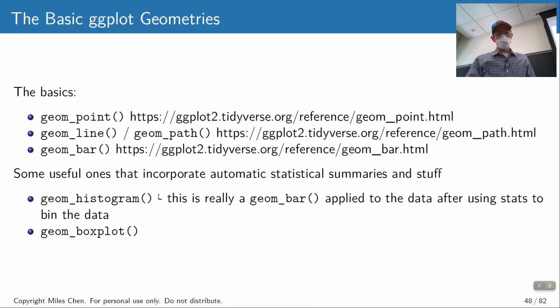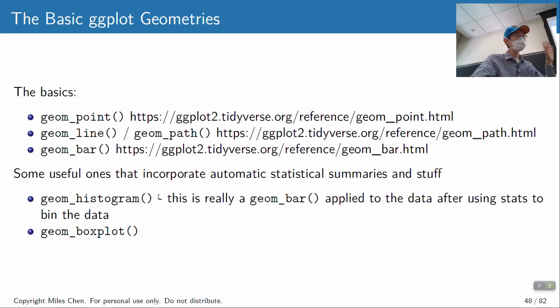Okay. All right. So there are a ton of different geometries you can use in ggplot. We've already seen the point geometry a bit, and I'll just show you the line and bar geometries very briefly here. But hopefully, by explaining the grammar of graphics and this concept of mapping data values to visual properties, that will at least give you a framework for dealing with the other geometric objects.